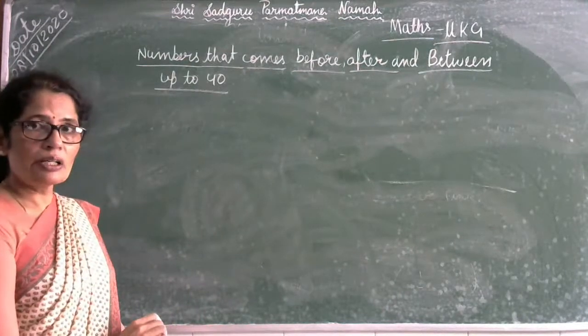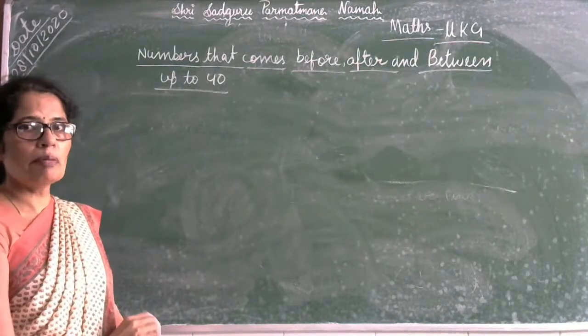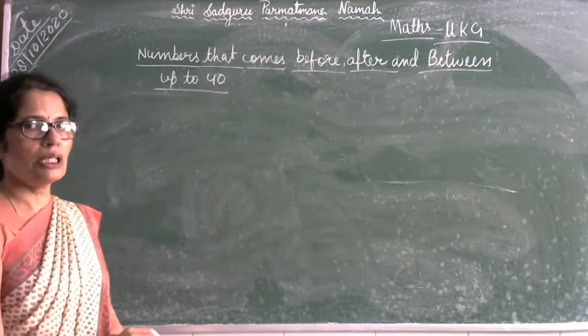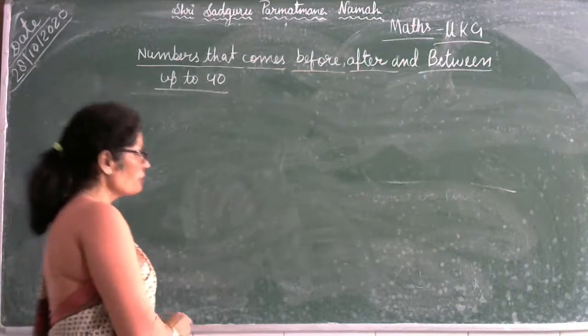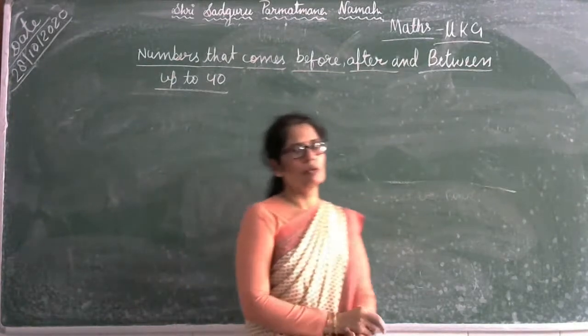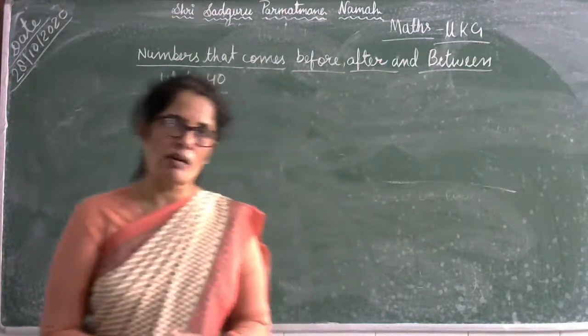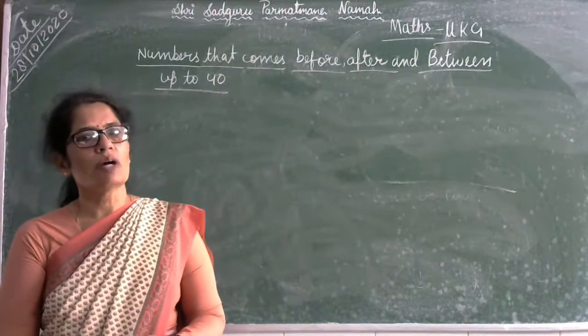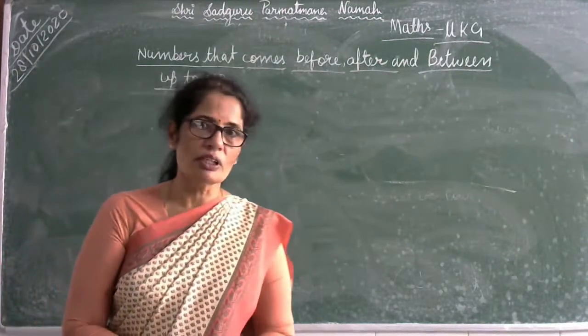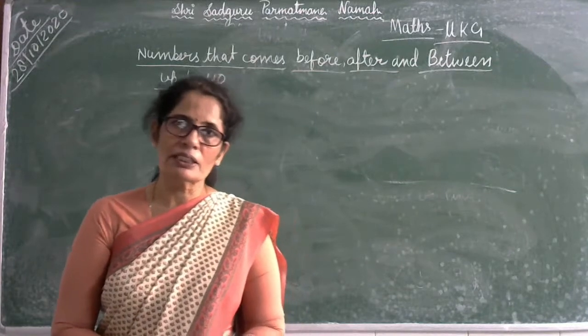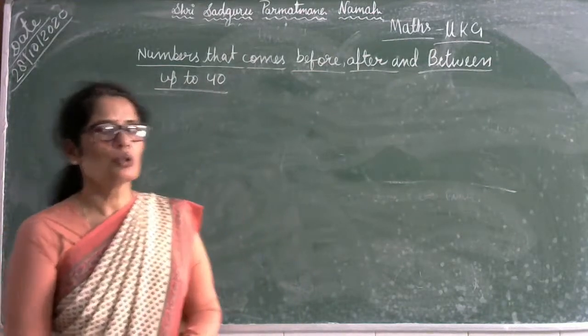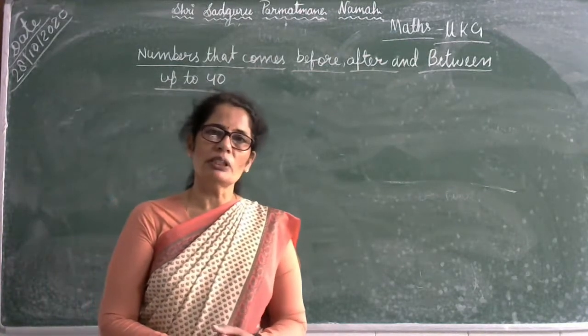Before that, I had already told you that when we make the blanks before the number, you have to write the number that comes before. If we make the blanks after the number, then you have to write the number that comes after. If we make the blanks in between, then you have to write the number that comes in between.